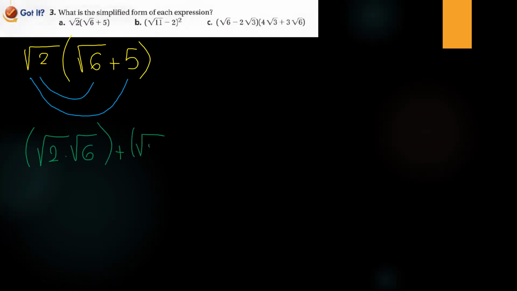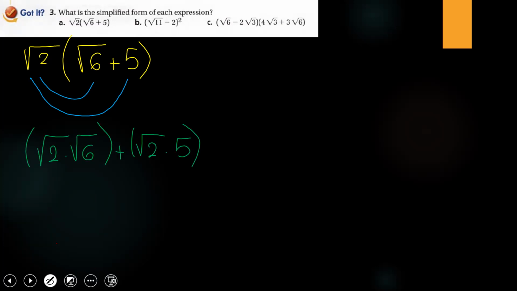Now you have to multiply square root of 2 times square root of 6, and then multiply square root of 2 times 5, using the distributive property.